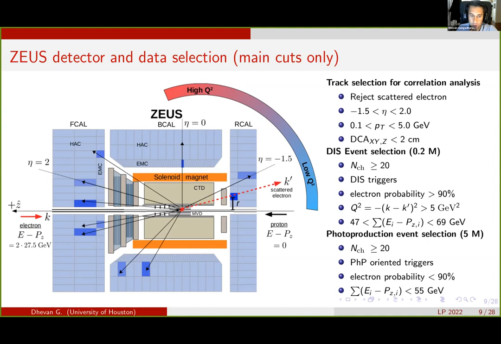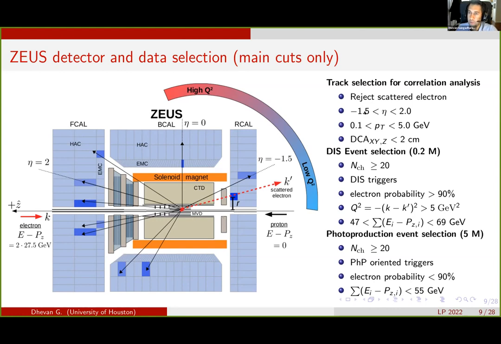In DIS, you often see a scattered electron in the detector, and that's this dashed red line. This is used to help identify DIS versus photoproduction, of course. But in the analysis, we reject this track because we want to study the produced matter in this interaction.